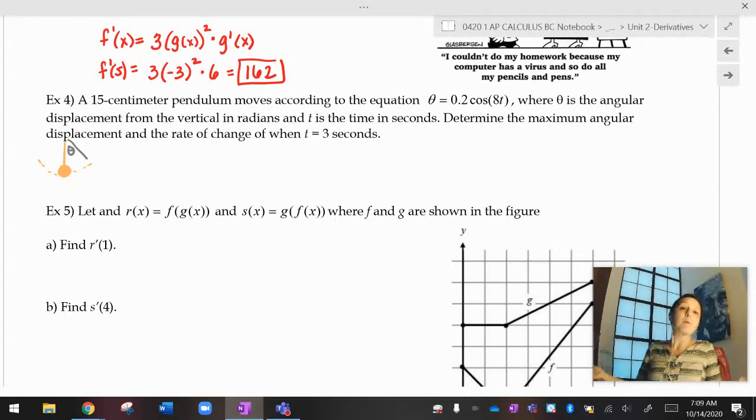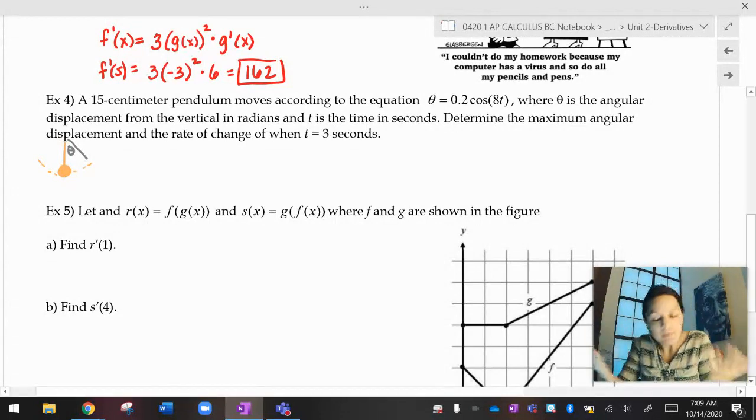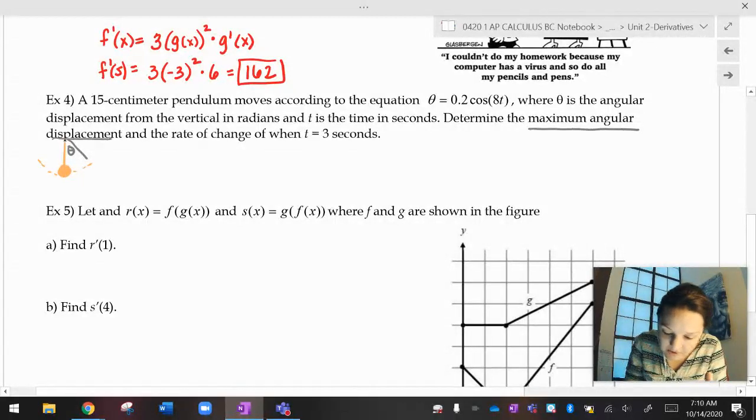So one of the reasons I put this in context is part of the purpose of calculus is to know when to use calculus and when not to use calculus. When do you use just the function, a limit, the derivative, once we get there, integrals? So this says, determine the maximum angular displacement. Well, theta is the angular displacement.